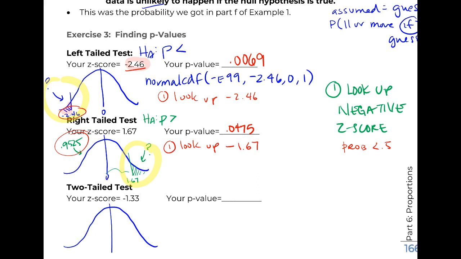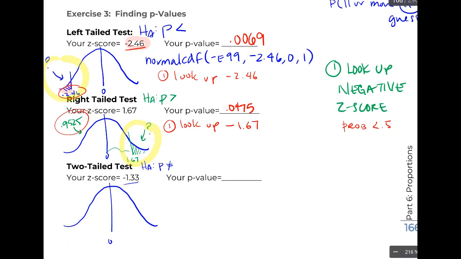All right, the last one, which is why this has a step 1, is our two-tailed test. So if we're doing a two-tailed test, this would be something where we're looking at p not equaling a value, and this is the most difficult. In this case, it looks like our z-score is negative, so our p-hat was below average by 1.33 bunny hops.